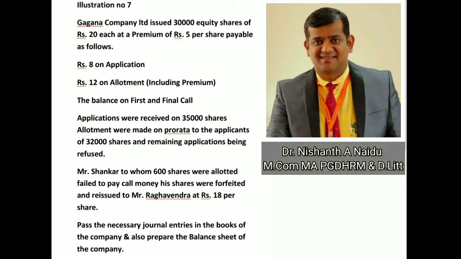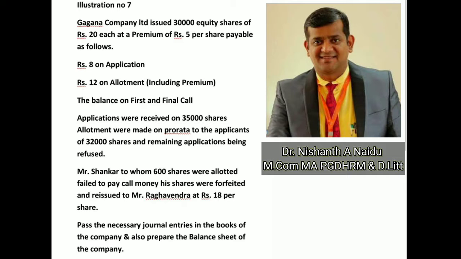And today I am here with one more illustration, illustration number 7. This illustration is a bit more advanced than all the illustrations we have done so far, because it has three different types of adjustment: premium, forfeiture and reissue.